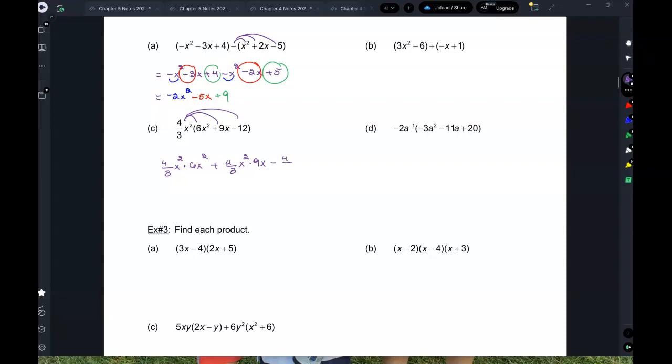Right? You have to give one to everybody. I'm just writing it out. Okay? 4 over 3 x squared times 12. Okay? Actually, why don't we stop here today?